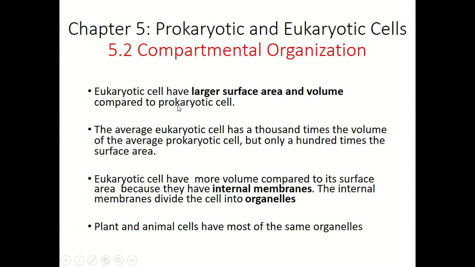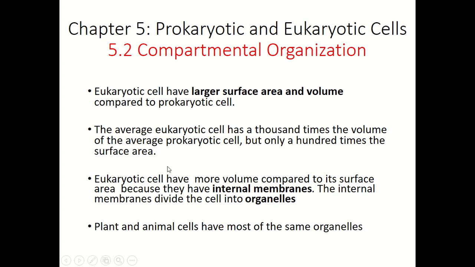The average eukaryotic cell has 1,000 times the volume of the average prokaryotic cell, and about 100 times the surface area. And eukaryotic cells have more volume compared to their surface area because they have internal membranes. This internal membrane refers to the membranes of the organelles.